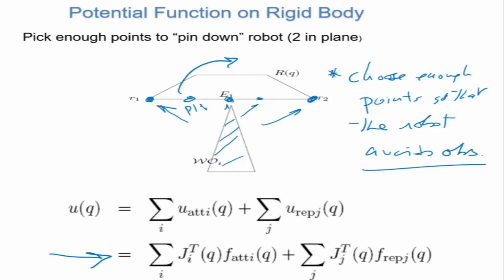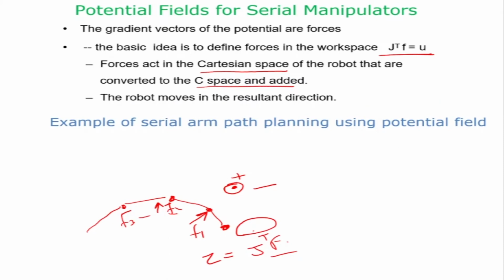Exactly the same thing we do in the case of serial manipulators. We know that the gradient vectors of the potentials are forces. So the basic idea is to define forces in the workspace. If this is a manipulator, I choose these points, one point here, one here, one here, one here, and say these are the forces acting because of an obstacle. Now suppose I want to go from here to here. I will assign potentials here: this is plus, this is minus, this is minus.